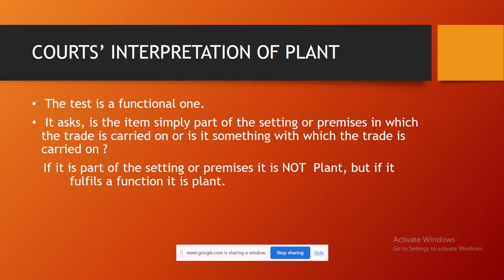In this regard, there is a test which is normally used. The test is a functional one. It asks, is the item simply part of the setting or premises in which the trade is carried on, or is it something with which the trade is carried on? So that is what helps us to decide whether something is a plant or not a plant.